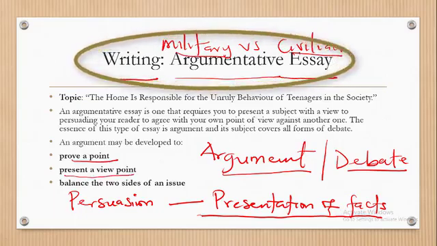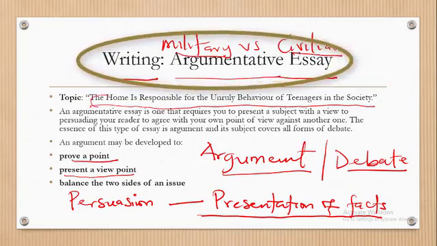That's another reason why you are writing. Okay, you are trying to present a viewpoint. Look at the topic we have above. The topic is: the home is responsible for the unruly behavior of teenagers in the society. And when we say the home here, we mean beyond just your physical house.